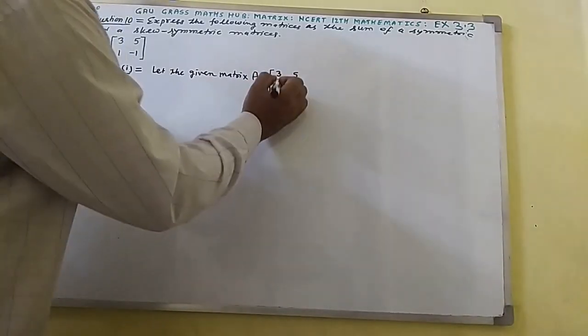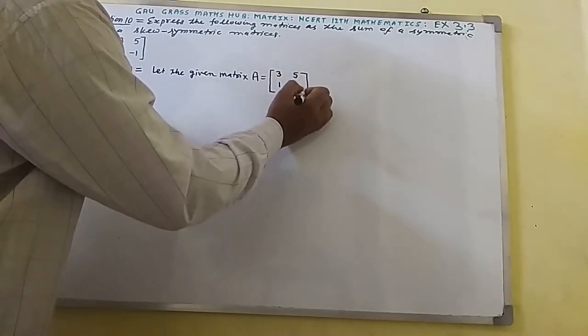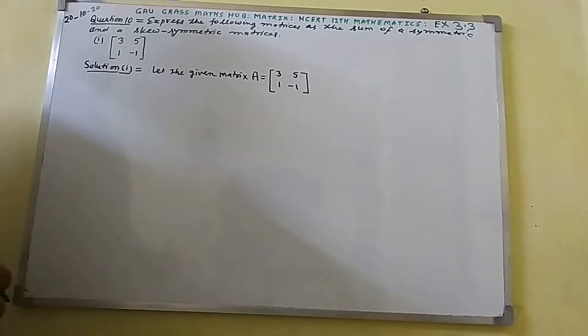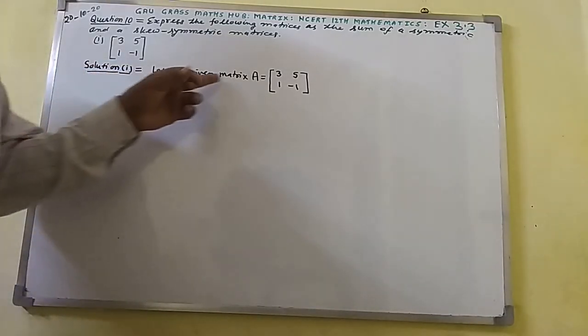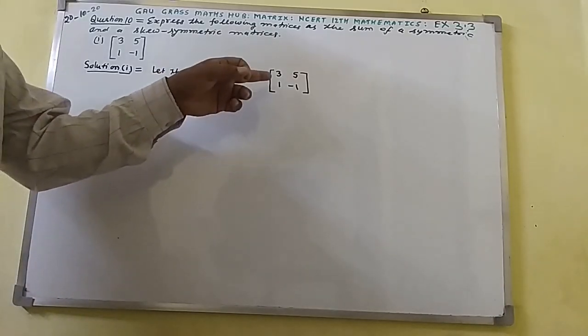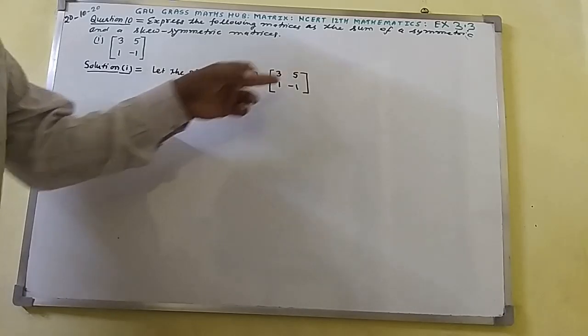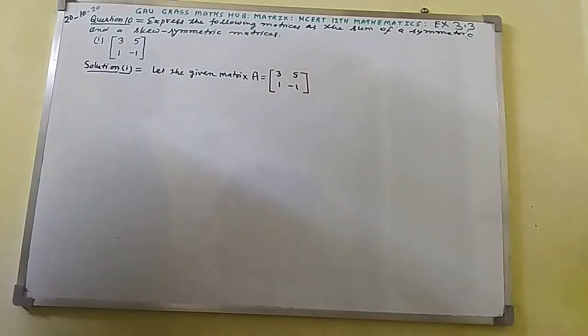The element of second row 1, minus 1. Closing square bracket will be done like this.